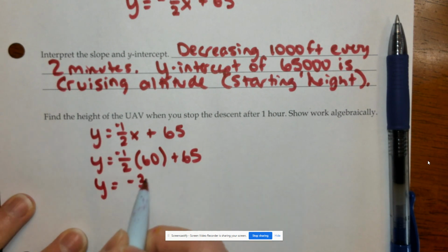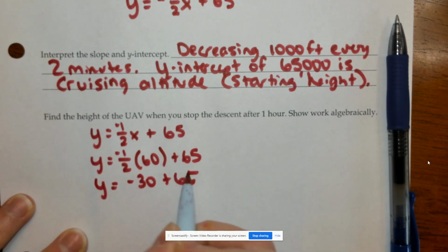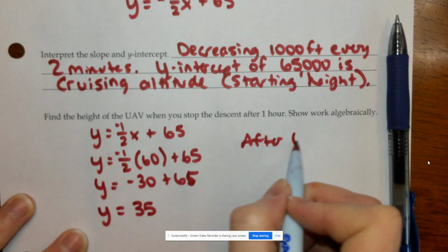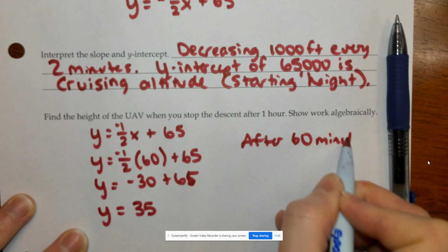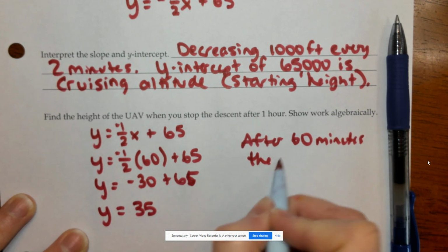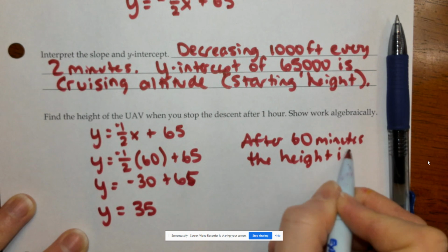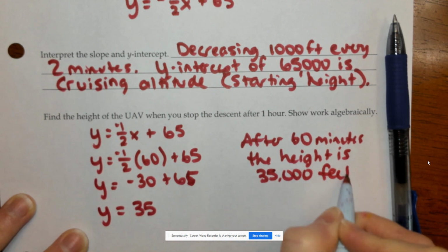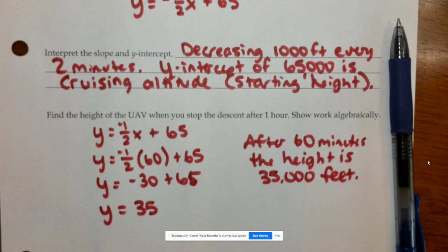So that is negative 30 plus 65. Y equals 35. So after, it's a word problem, after 60 minutes, the height is 35,000 feet. Remember, it was being measured in thousands of feet.